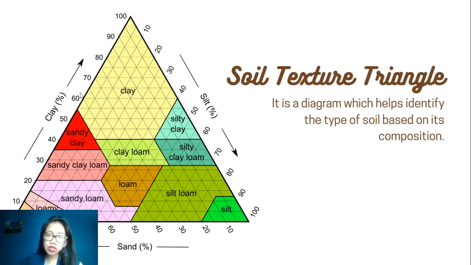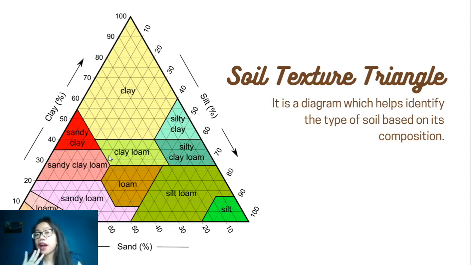So for example, if there's a high concentration of clay, then that's considered as clay. If there's 70% silt and 30% clay, then that's considered as silty clay loam. So that's how you use a soil texture triangle.